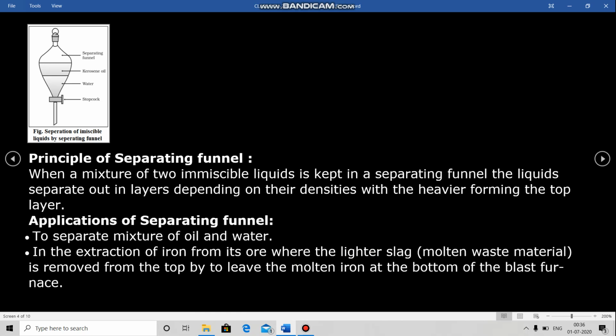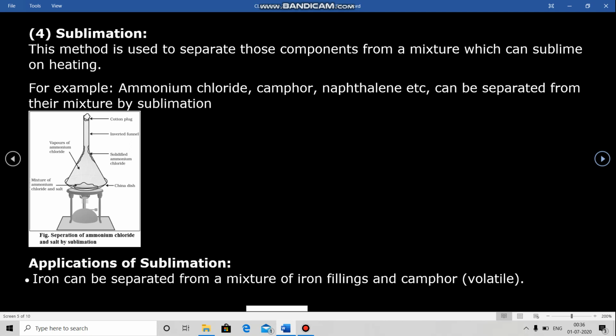The second is in the extraction of iron from its ore, where the lighter slag, that is molten waste material, is removed from the top to leave the molten iron at the bottom of the blast furnace. So we can easily extract the iron from its ore in molten form with the use of the separating funnel technique.